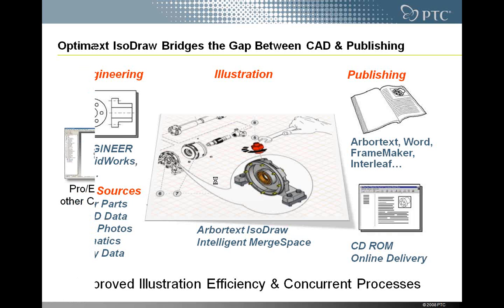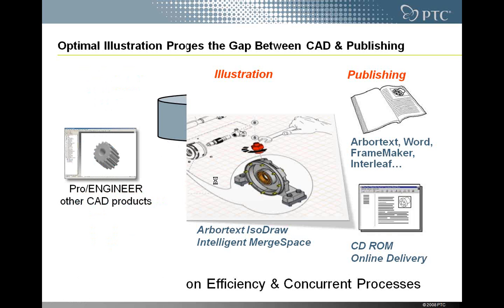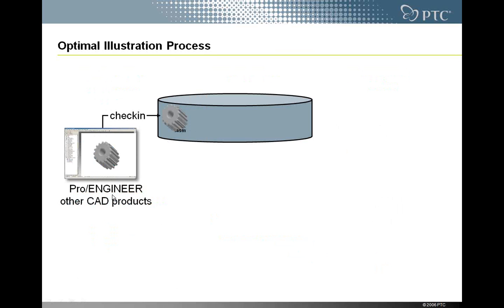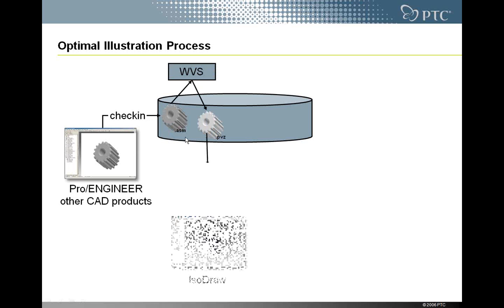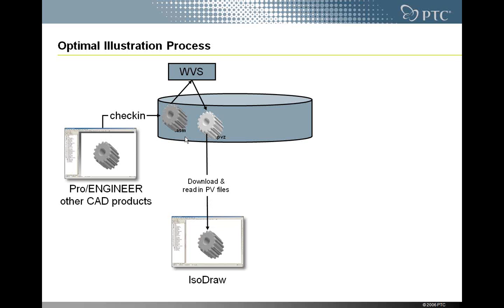So let's see how this might happen under an ideal situation. The engineer goes ahead and creates something fantastic and puts it into the product data management system. And this is transitioned into something that is consumable in IsoDraw. And of course, the person who's responsible for the illustration tasks.